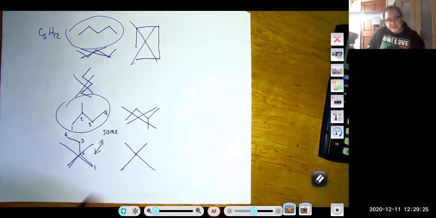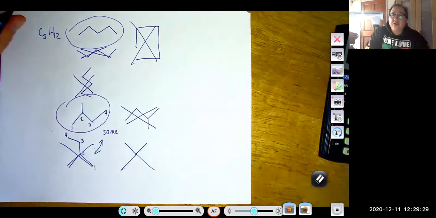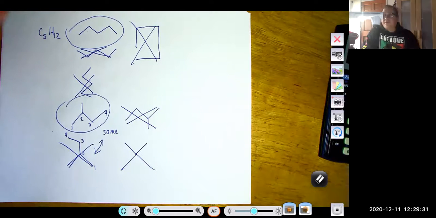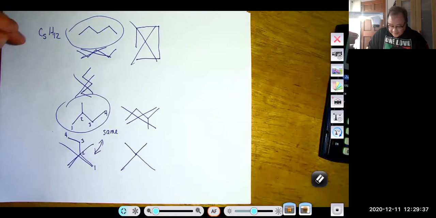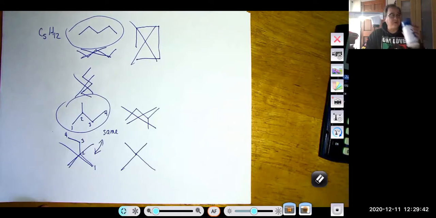How about this? Is this a structural isomer of this and this? Look it over and then give me a thumbs up or a thumbs down. For the question is this a structural isomer of the above? So here's what we're going to do.